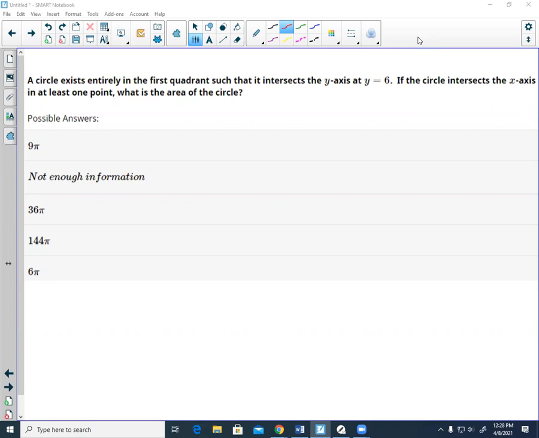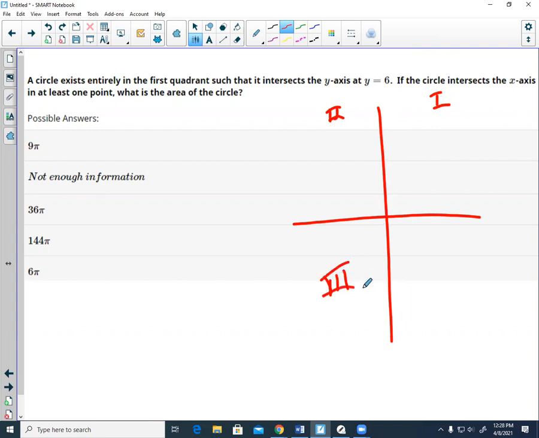things mean. So for instance, it starts out with you absolutely having to know that the first quadrant is up here, or that there are 4 quadrants in the coordinate plane. So it matters that you know that there are 4 quadrants in the coordinate plane.